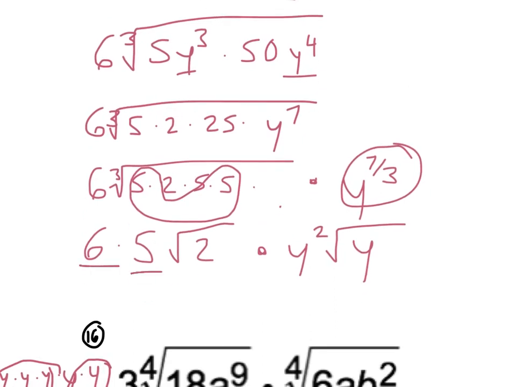So I'm going to take all of our stuff on the outside and put it together. So 6 times 5 is 30, and then we have a y squared, and on the inside, we have a 2y, but remember we need to keep our index the same, so that has to be a 3 on the outside of the square root.